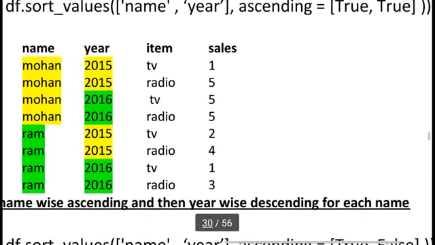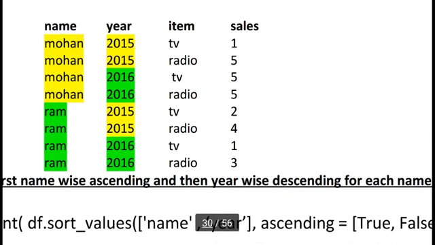So you can see 2015 and 2016 for Mohan. Now again Ram for ascending, and 2015 and 2016, meaning name-wise sorting and year-wise subsorting according to name.